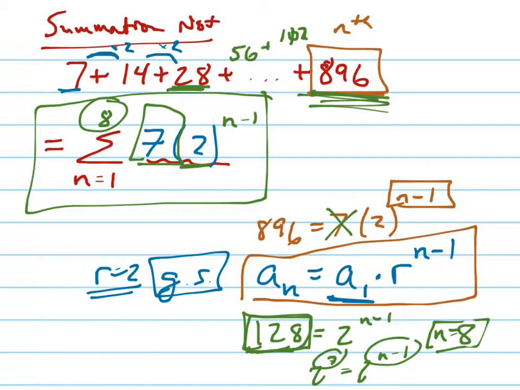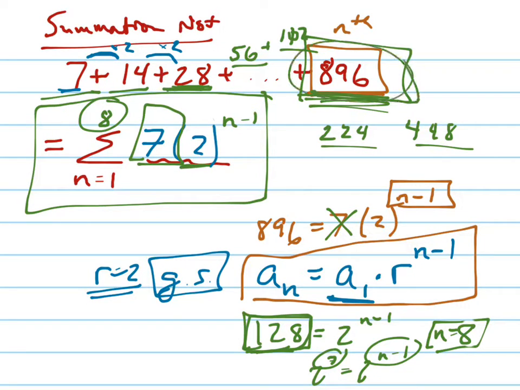Multiply 112 times 2, you get 224. Multiply 224 times 2, you get 448. 448 times 2 gives you 896. Count them up: 1, 2, 3, 4, 5, 6, 7, 8.